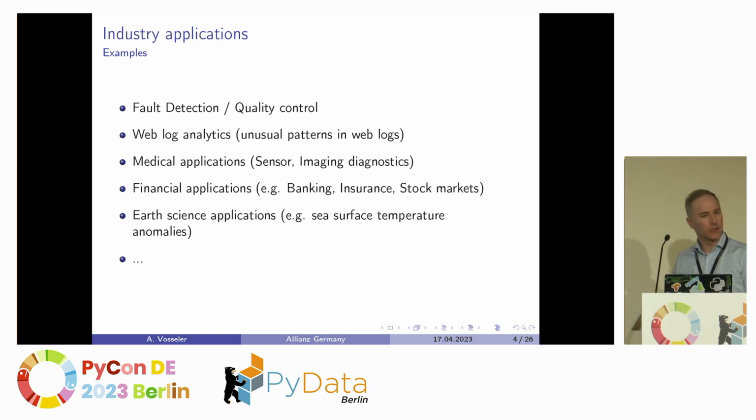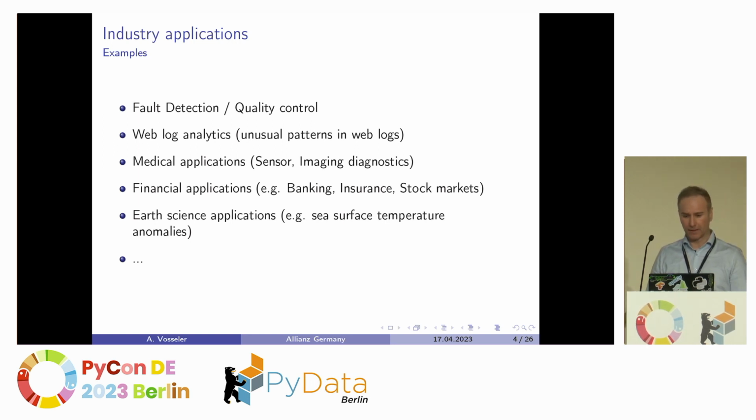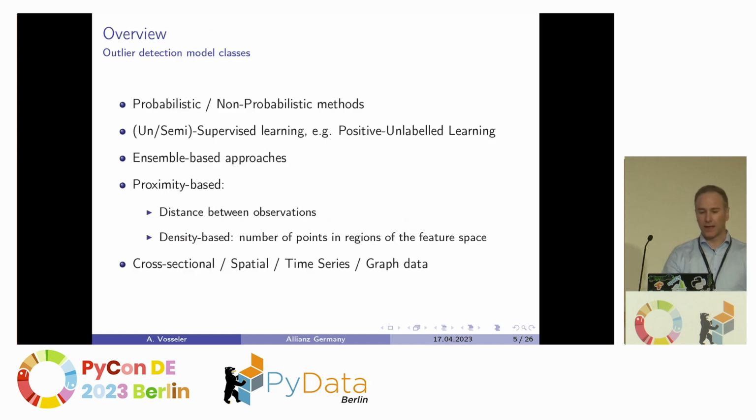So banking, insurance, for example, very common application is obviously fraud detection, in particular, also important for Allianz, and in natural science, for example, earth science applications, sea surface temperature anomalies, and so forth.